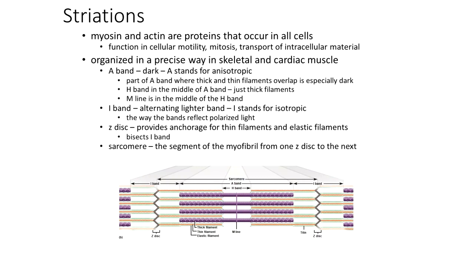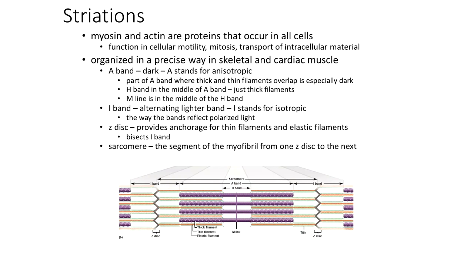You also have a Z disc, which provides anchorage for the thin filaments and the elastic filaments, and it bisects the I band. And then you have a sarcomere, and this is the segment of the myofibril from one Z disc to the next.